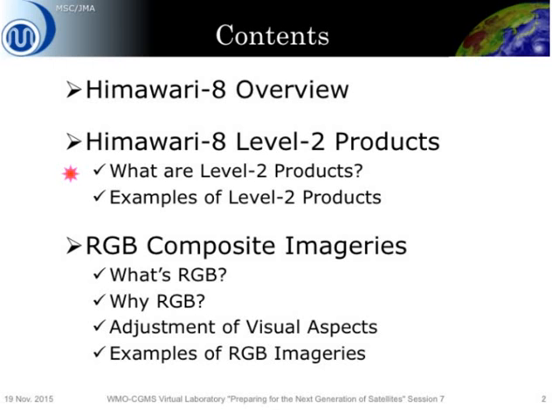Here, some examples of Himawari-8 products, such as cloud products, atmospheric motion vectors, and clear sky radiances, are briefly shown. Finally, I introduce RGB composite imageries.